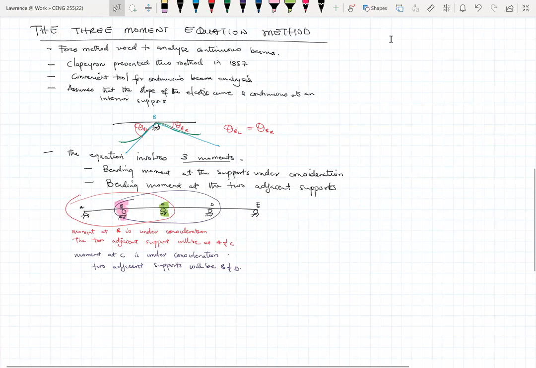Okay. So welcome to CENG 255, Theory of Structures. All right. The last time we had this lecture, I think we completed the conjugate beam method, one of the geometry methods.